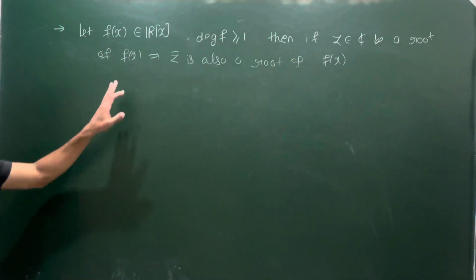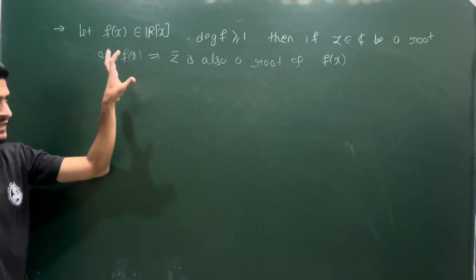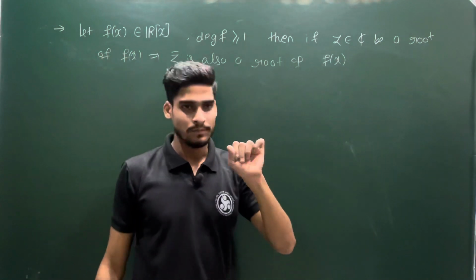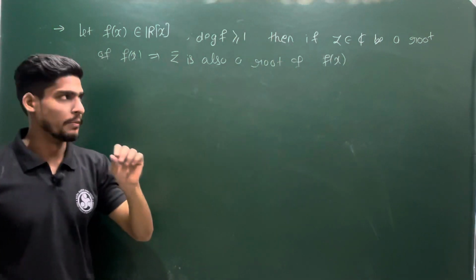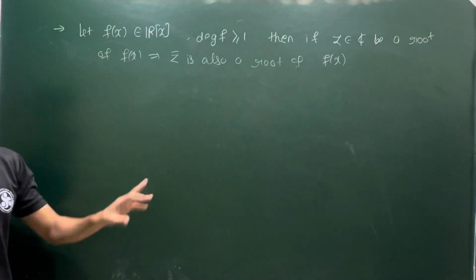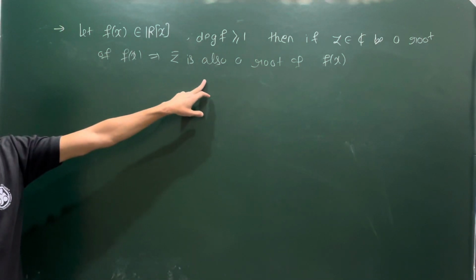That means if you have a real polynomial, then the complex roots of the polynomial occur in pairs. If z is a root, then z bar is also a root.